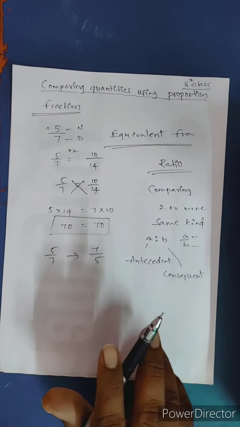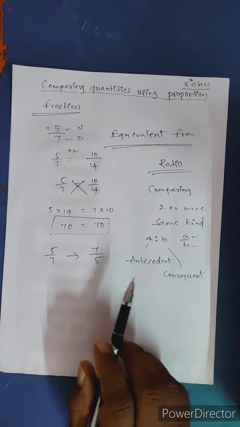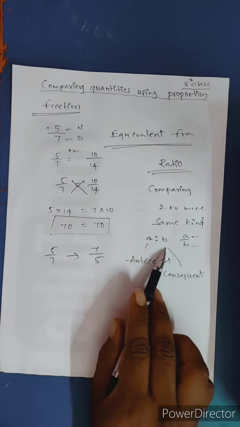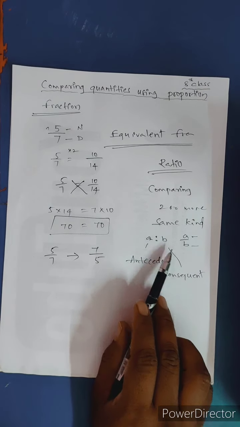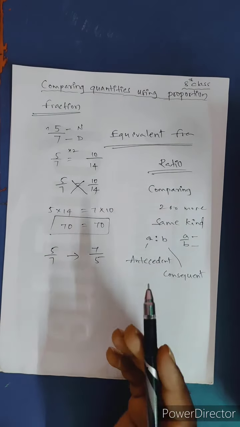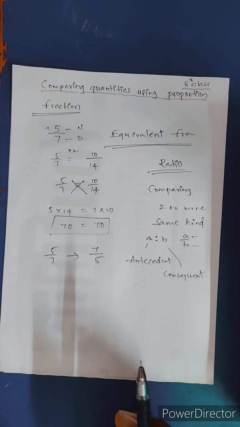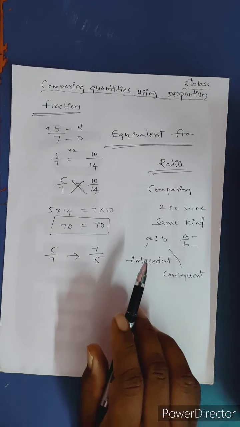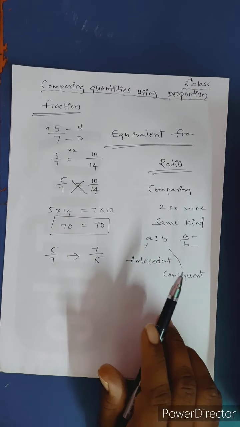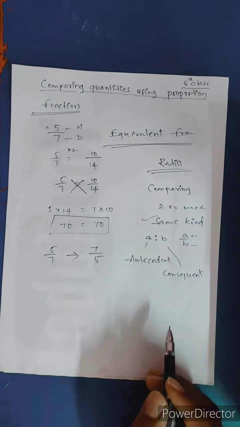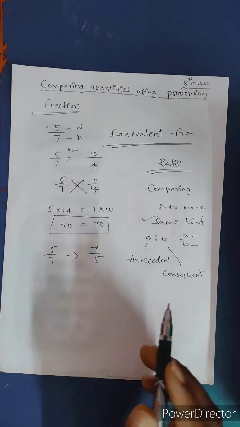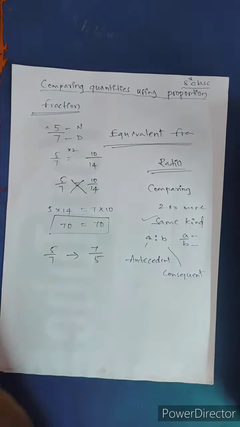Like one more definition for ratio. Ratio is a pair of two quantities. Ratio is a pair of numbers written to make a comparison: which is big, which is small, which is thin, which is heavy. Like one more definition, ratio compares quantities of the same kind in the same units.